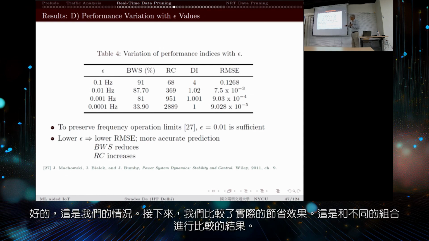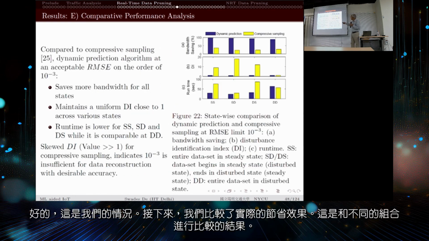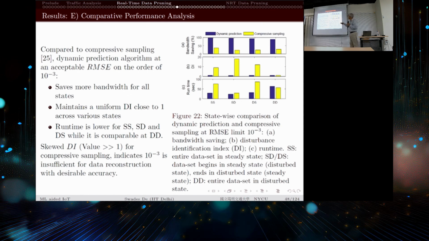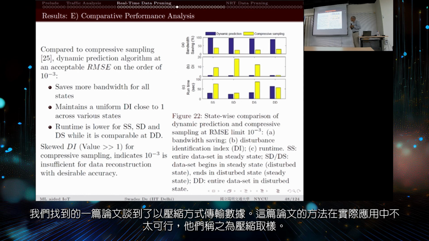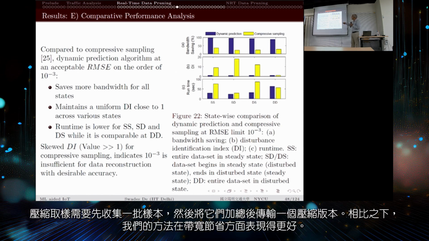Okay, and then we compared with respect to the bandwidth saving, compared with composite sampling. We found one paper that was talking about data transmission in a compressed manner at the source. But first of all, these papers' approach is not practically acceptable, in that they are about compressive sampling.